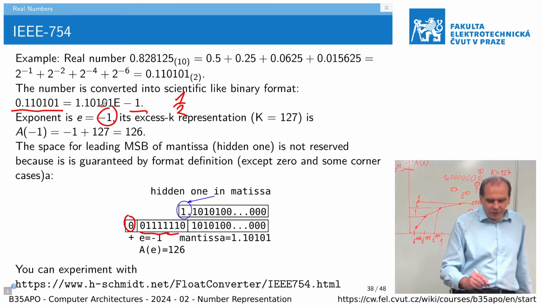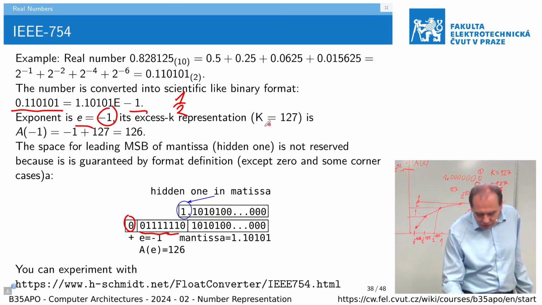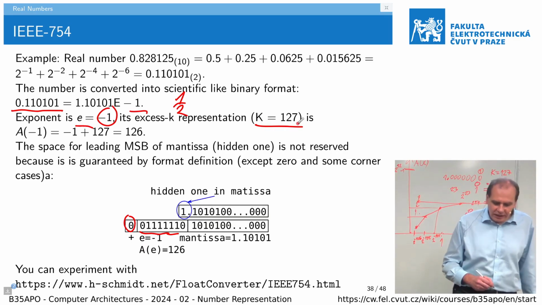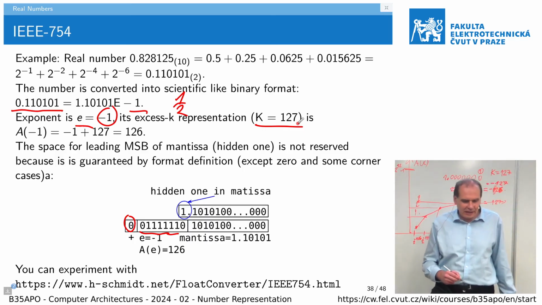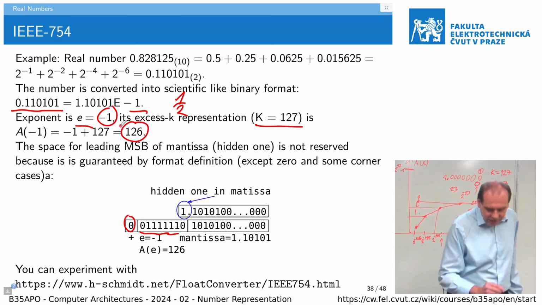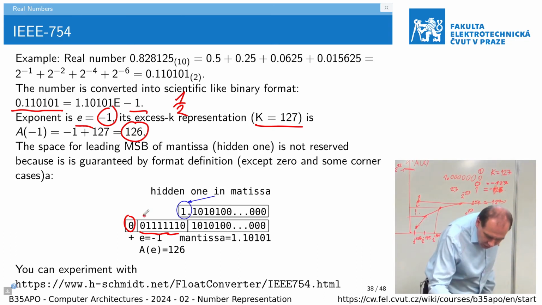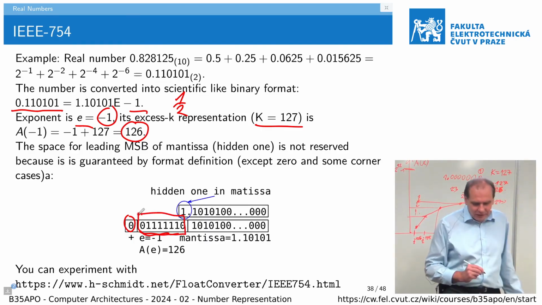We convert this exponent in arithmetic meaning to the representation with excess 127, so the result is 126. So we store 126 in the following 8 bits.